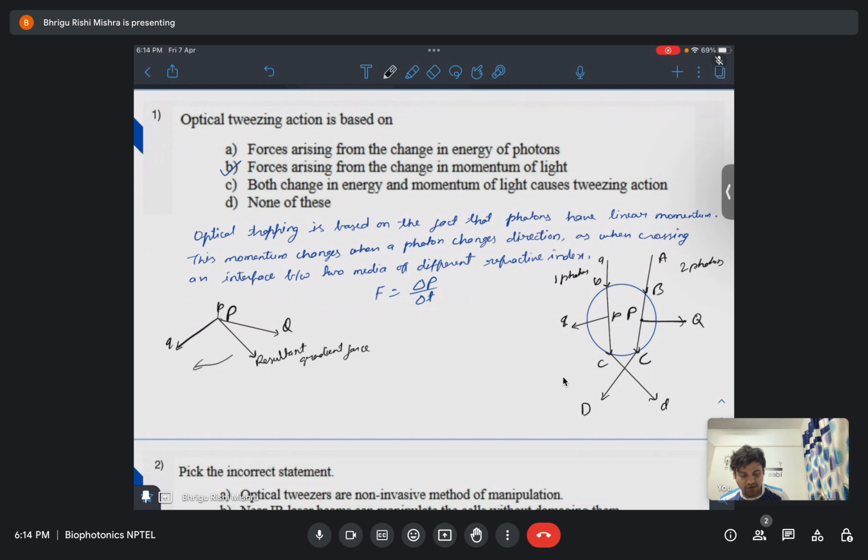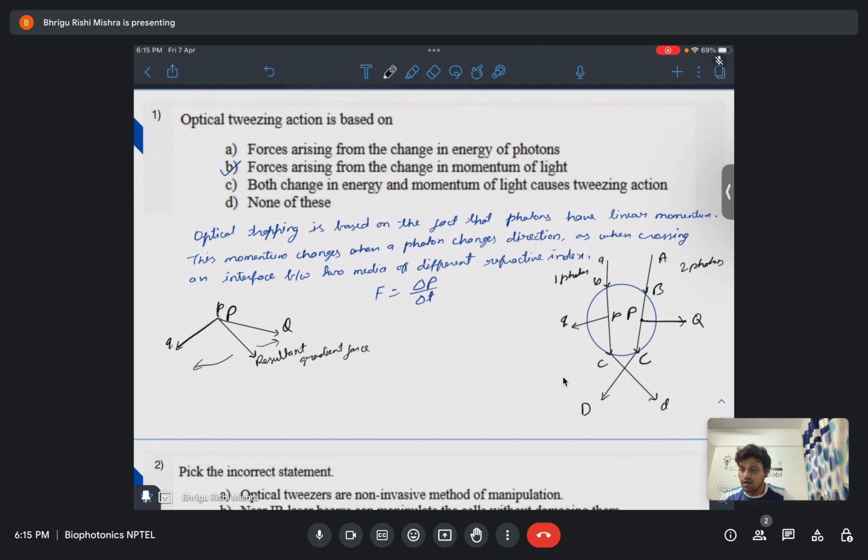That means small pq should be greater than capital PQ. Or if you want to move this in this direction, then you should have more photons in the capital P capital Q direction, or you can say the force. By this way you can trap the sphere, and accordingly you can move it.